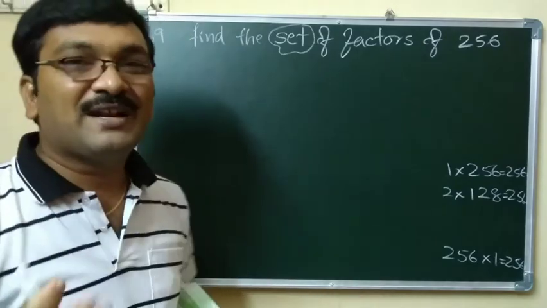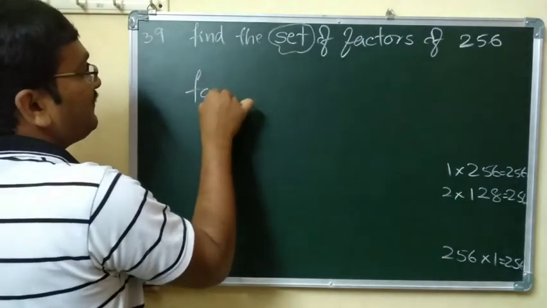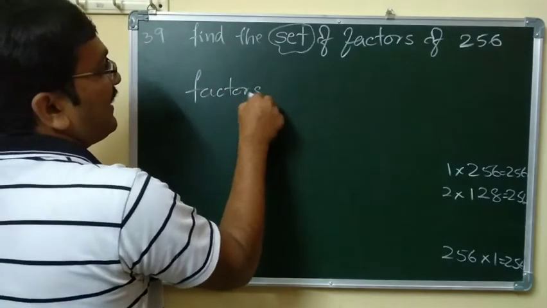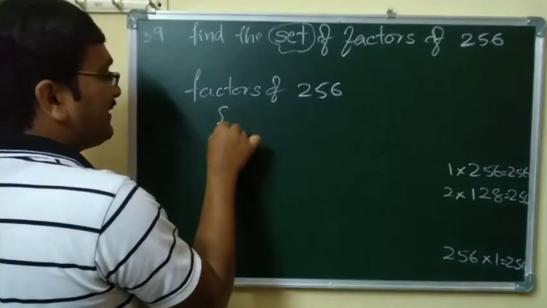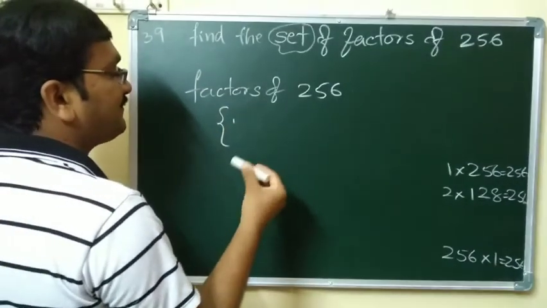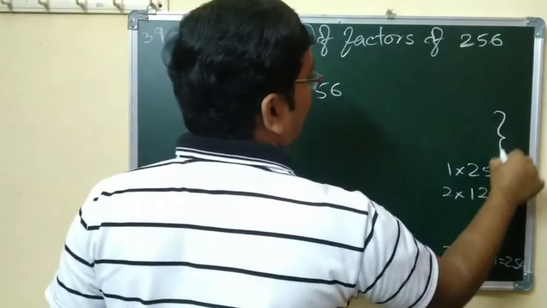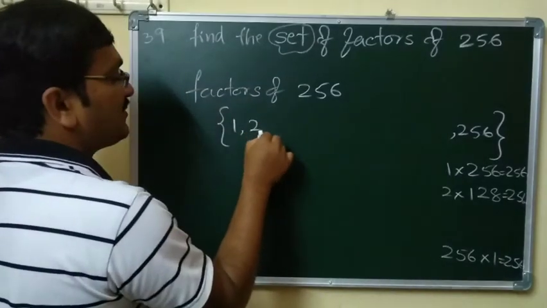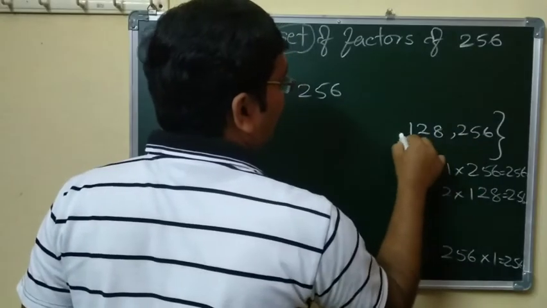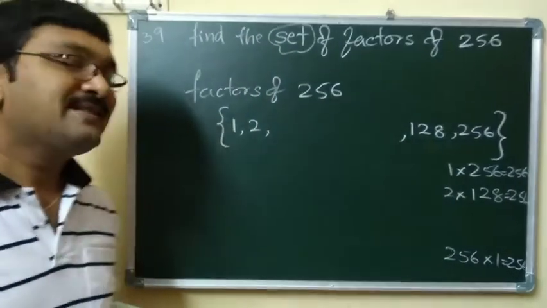Okay, now I am going to write. Factors of 256, I am writing in a set. See 1, here it is 1, and this side writing 256. Next 2: 2 128 is 256.